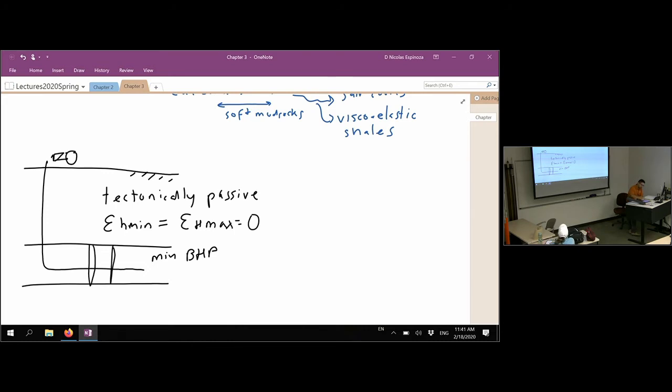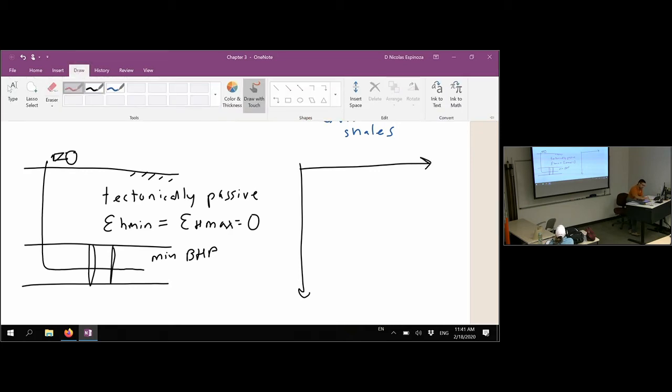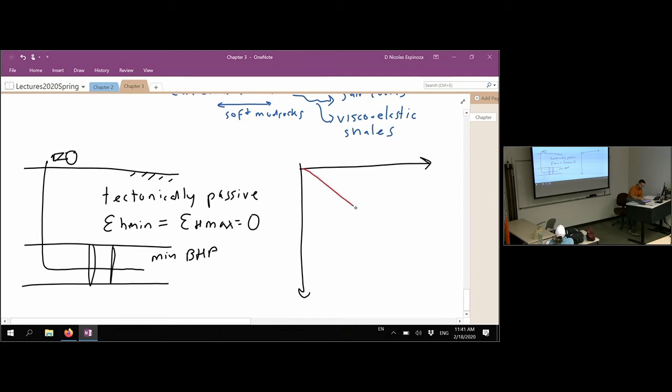Okay, we already knew from before that we could calculate the gradient of vertical stress and the gradient of pore pressure.